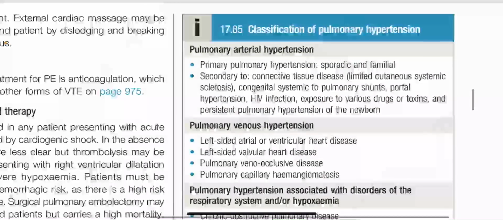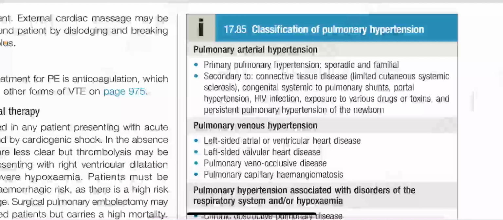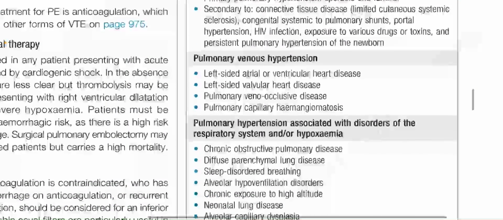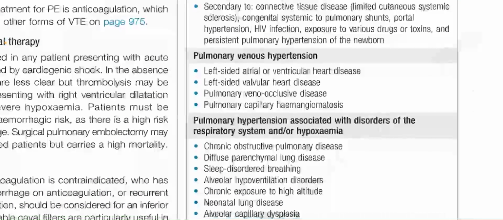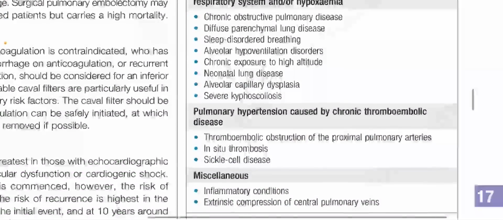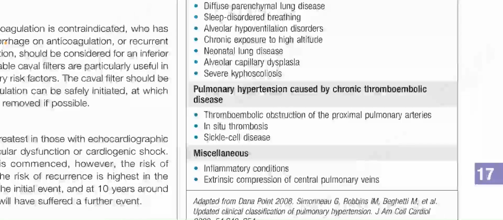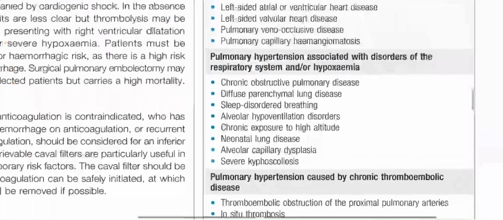Now, classification of pulmonary hypertension: pulmonary arterial hypertension, pulmonary venous hypertension, pulmonary hypertension associated with disorders of the respiratory system and/or hypoxemia, pulmonary hypertension caused by chronic thromboembolic disease, and miscellaneous.